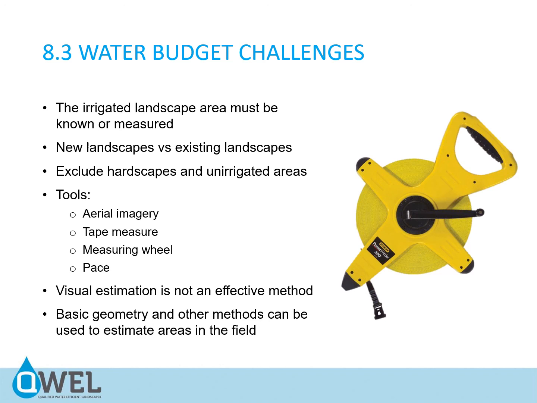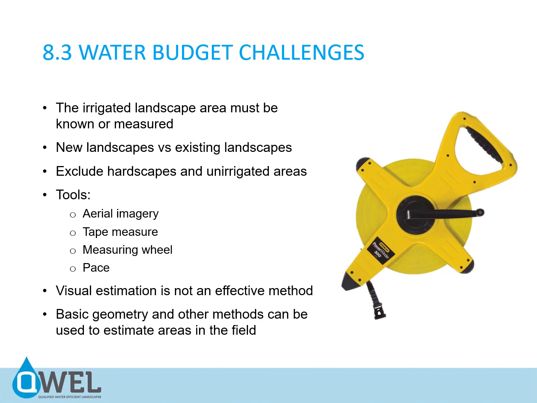You'll need a tape measure, a measuring wheel, or measuring your pace, which isn't quite as accurate, but if you're not sure what your pace is, you should try it out sometime by having a long tape measure handy and pacing it off. Visual estimation is not an effective method as far as guessing. So you don't want to do that. You want to have some sort of way of accurately measuring this because every square foot counts.